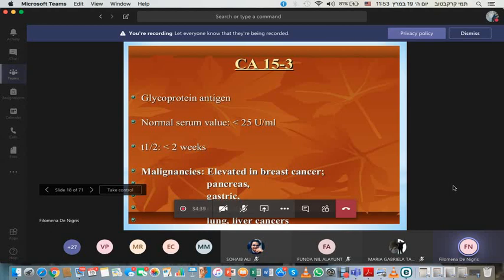At the end of the lesson, I will give you information for each disease, for each kind of tumor, about which markers you have to ask for together. This also indicates, of course, the half-life of the marker.